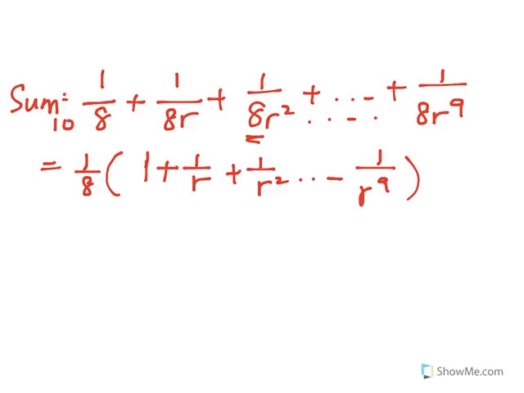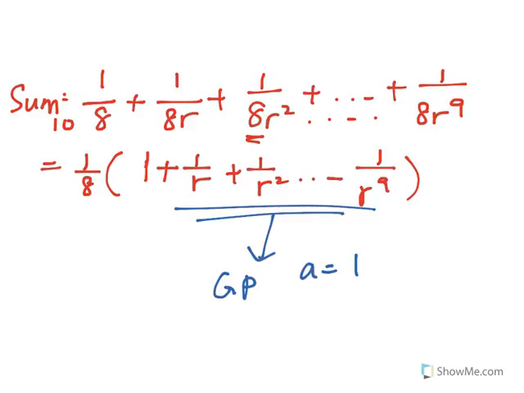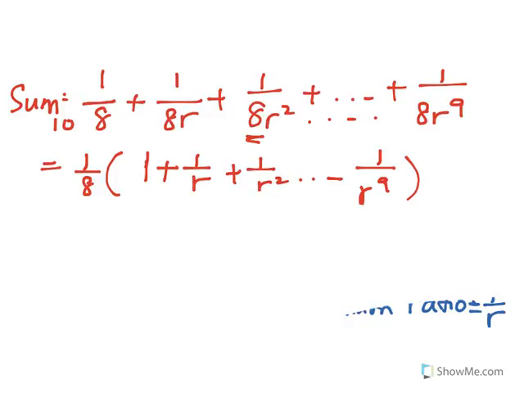If you notice, this is also a GP where your first term is 1 and your common ratio is 1 over R. So we can easily simplify using our formula. Let's listen carefully to how I pronounce it.